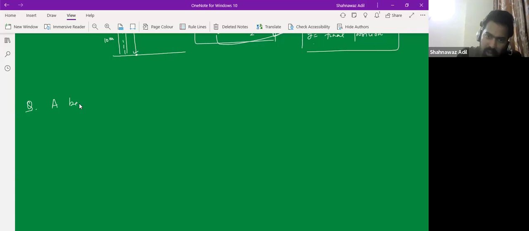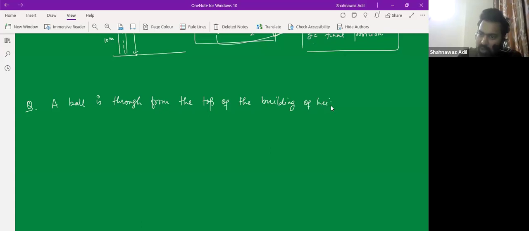A ball is thrown from the top of a building of height 10 meters with a speed of, let's say, 20 meters per second.